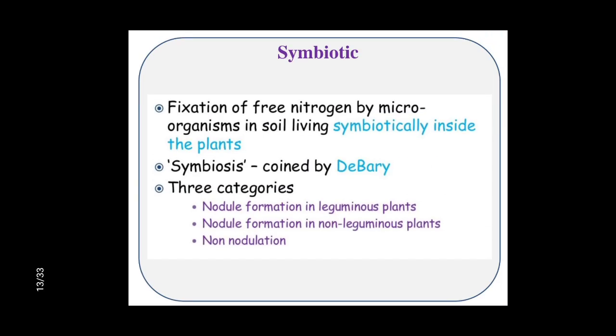Now, symbiotic processes: fixation of free nitrogen by microorganisms in soil, symbiotically inside the plant. In non-symbiotic, these are free organisms present in air or atmosphere, and in symbiotic, these are fixing microorganisms present in soil or inside the plants.